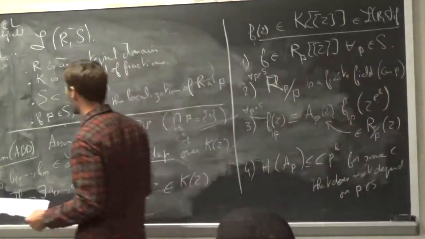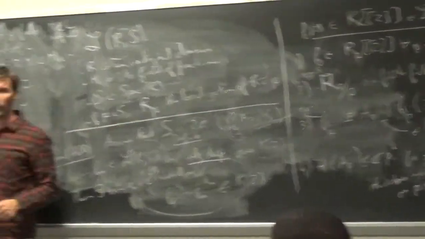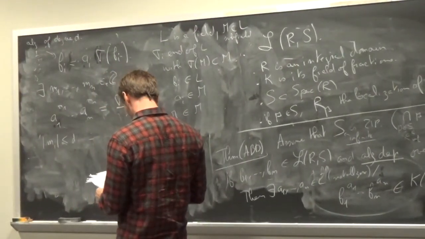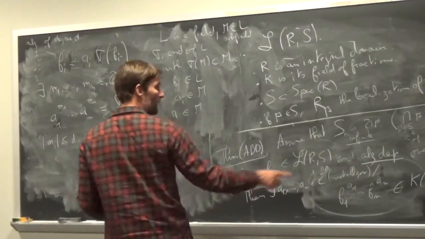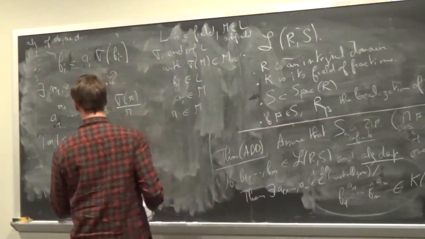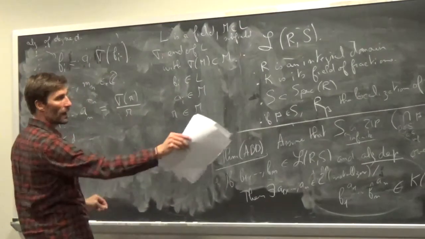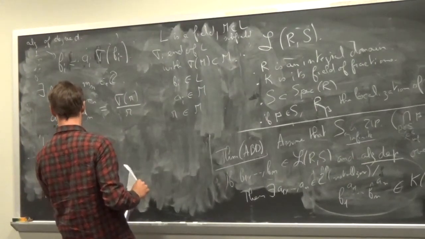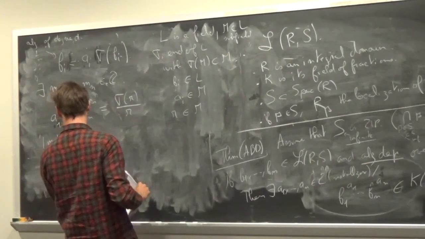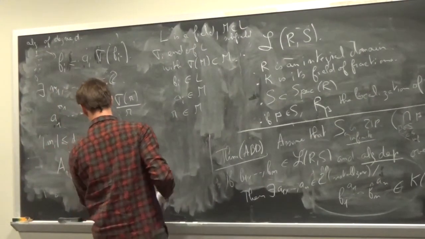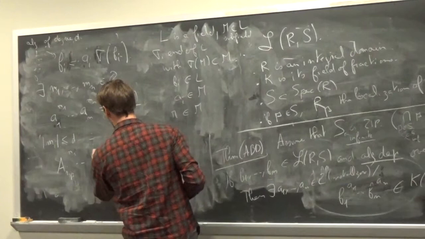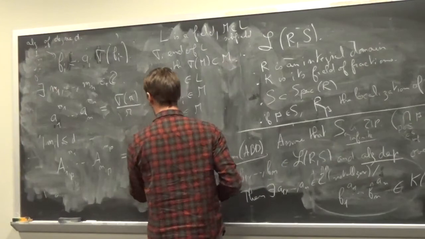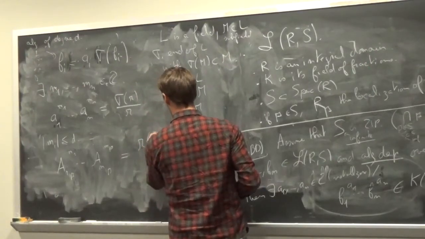So we get something like this with a bound that does not depend on P. Okay, and then roughly what we can say is that we will find a_1,P to the m_1 up to a_n,P to the m_n is some rational function, R of z^(p^k).